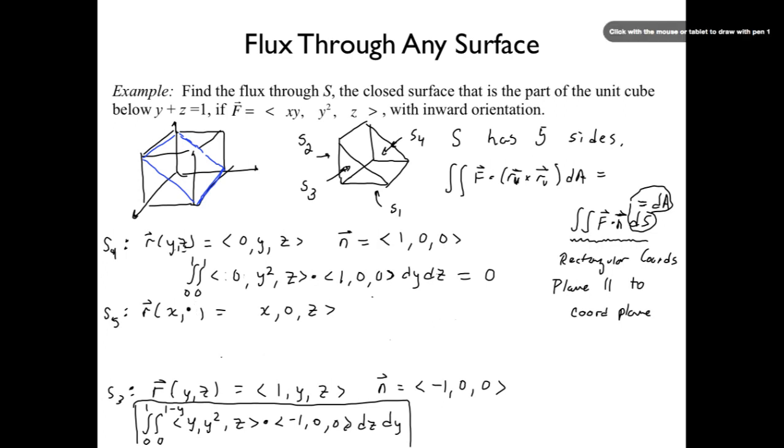So for S5, R is a function of x and y: x, y, and 1 minus y. This is the parameterized version of that. And our F is then xy, y squared, and z is 1 minus y.